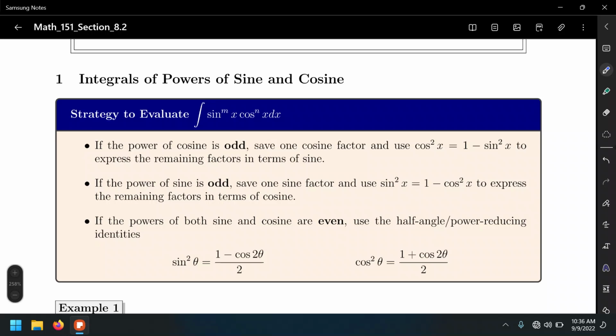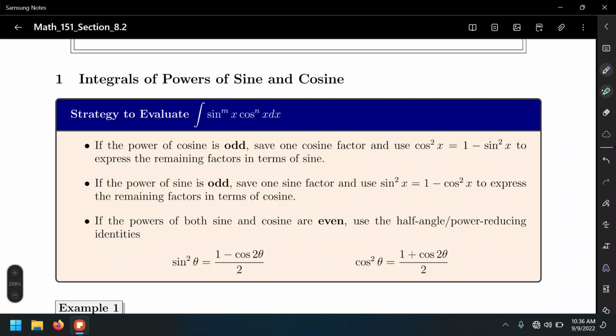Well, so we have these general guidelines that you will see in pretty much every single calculus textbook or resource on the internet or other YouTube videos, etc. And well, number one, we have to observe if the power of cosine is odd.